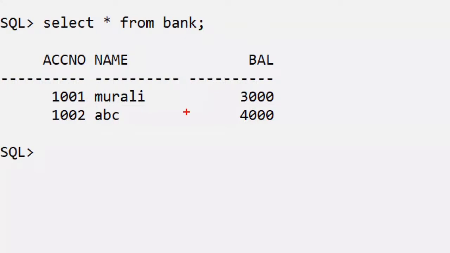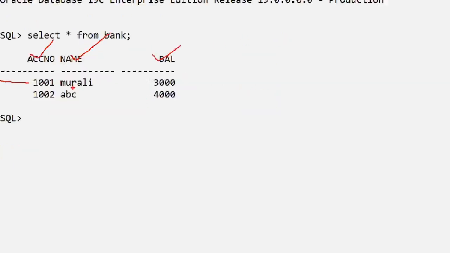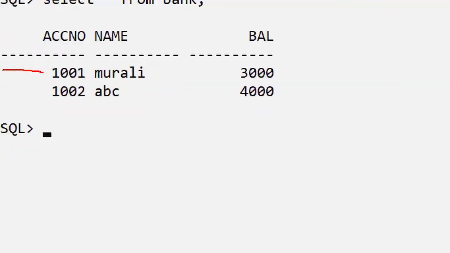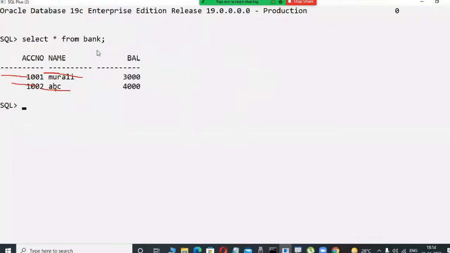In a table format we store the data. Suppose this is an SBI bank, and this is the data. These are columns: account number, name, and balance. Here, 1001 and so on are called rows, or data.